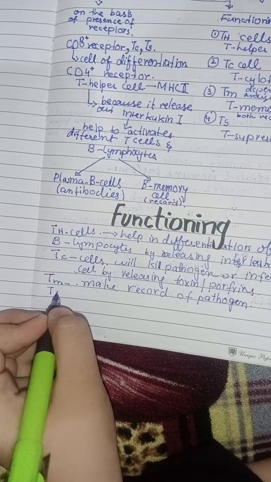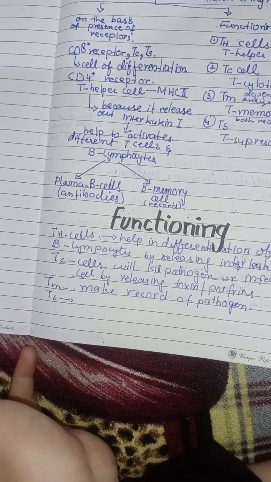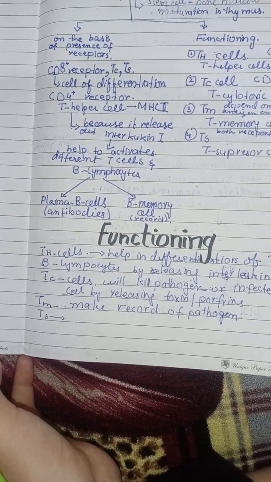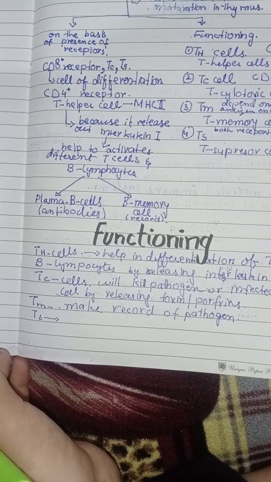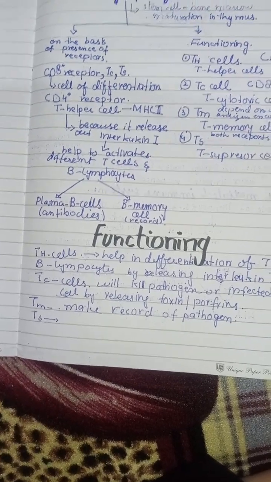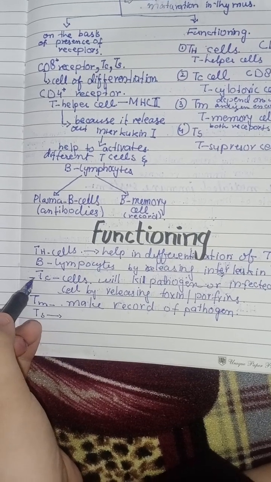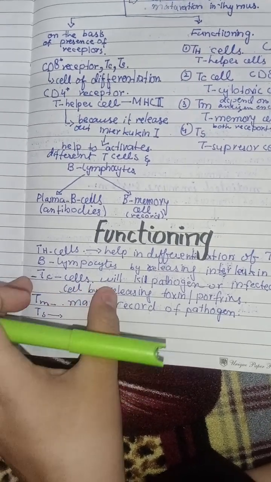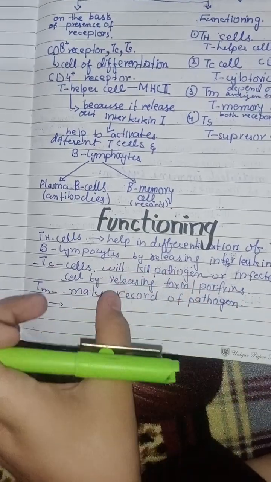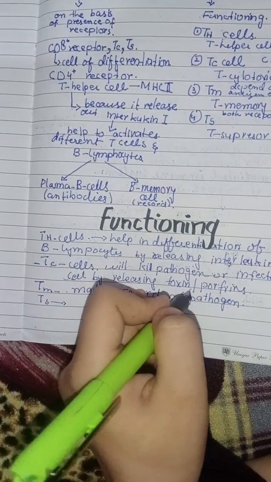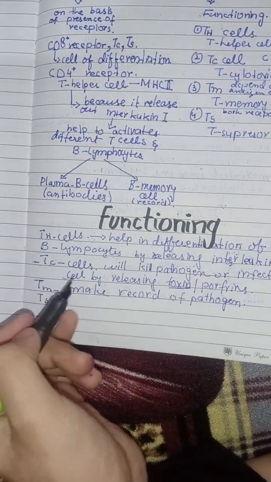Last one we have T suppressor cells. Now what is the functioning of these? Okay, so when the work of T cell is done, means the T cells have killed the pathogen and infected cell, but they will release toxin continuously.